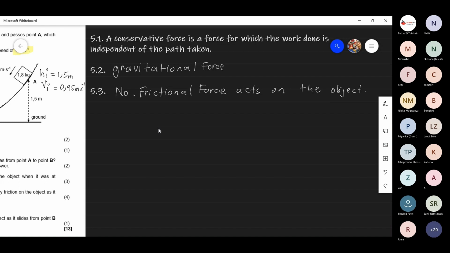Always remember that whenever frictional force is present in a system, mechanical energy is not conserved. Therefore, in that particular question, you cannot use the conservation of mechanical energy formula. It is only in systems where frictional force is not present that you can use conservation of mechanical energy formulas.